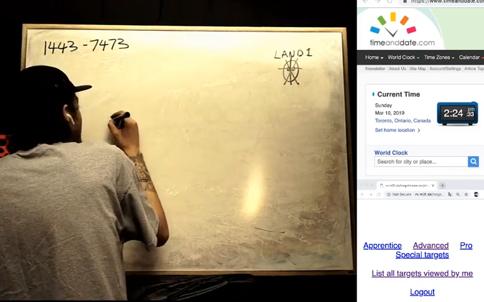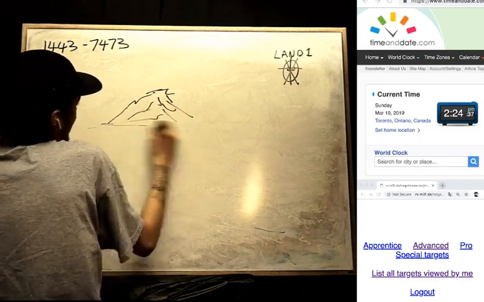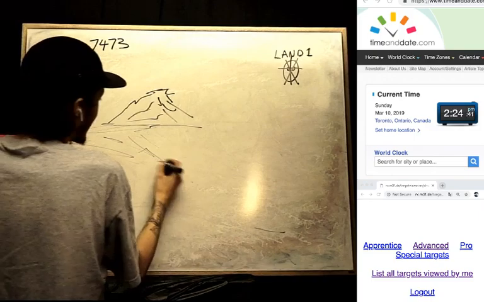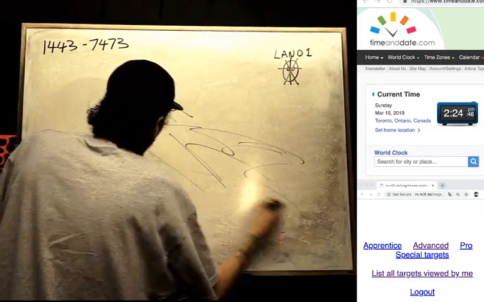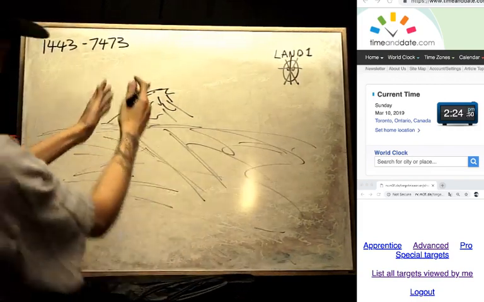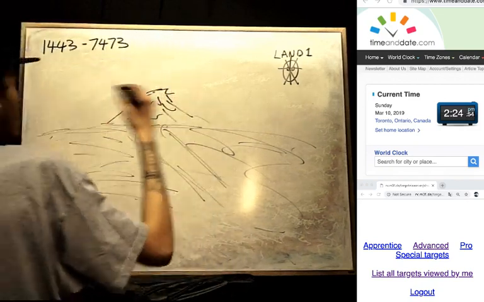Okay, this is off in the distance. There's something off in the distance here. And then this is like the land. The land right here. Kind of like going off into the distance. Something off there in the back.